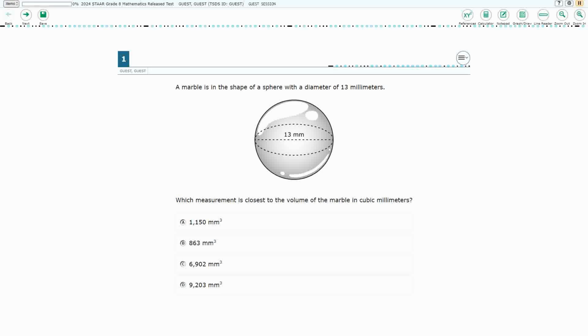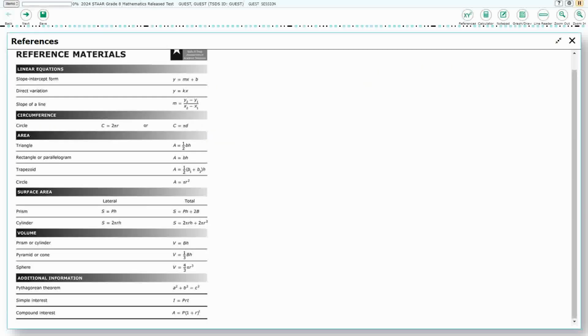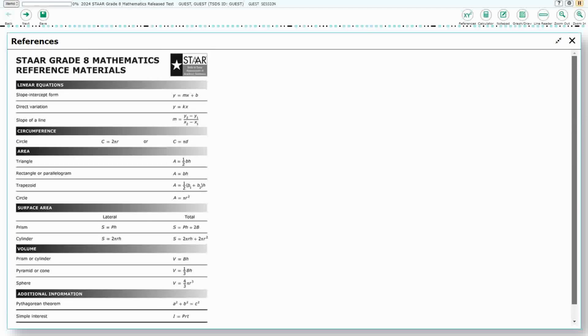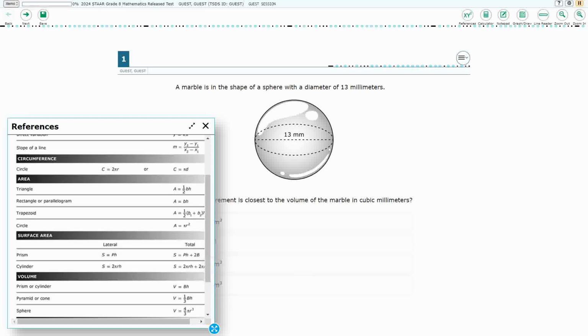All right, so we've got the shape of a sphere here for this marble, and all it gives us is a diameter of 13 millimeters. We need to find the volume. So unless you've got that memorized, let's go ahead and open up our reference chart here. Find the volume of a sphere, and you see it right there, very bottom row.